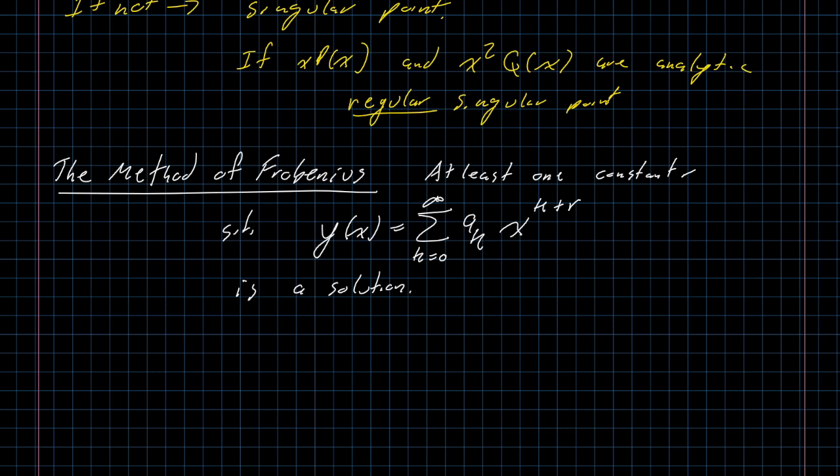So there is at least one value of r, there might be more, so that you can find a solution in this form. X to the k plus r instead of just x to the k.